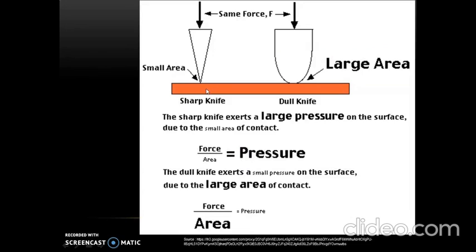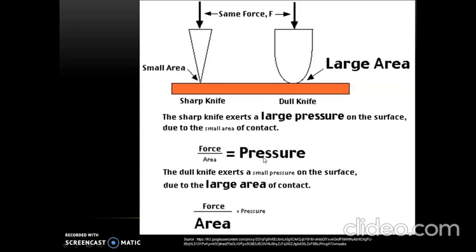We will consider one more example over here. On this surface, we can see a sharp knife and a blunt knife which are applying the force F. Below sharp knife, area is small, whereas for a blunt knife, contact area is more.